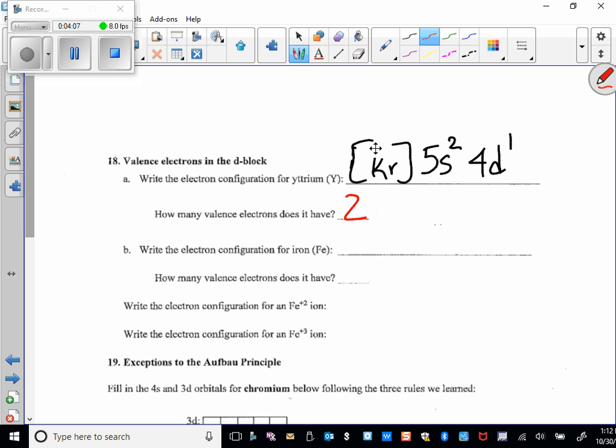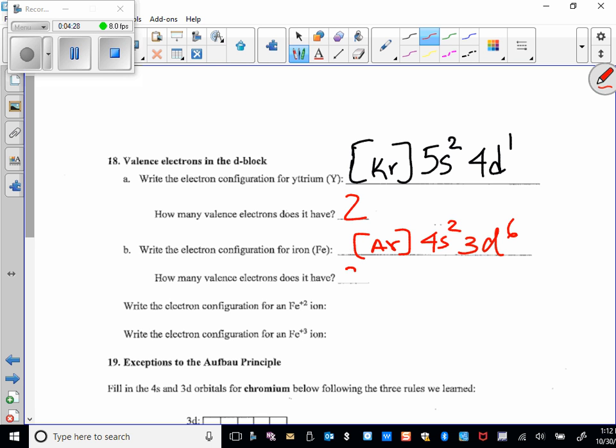Now let's look at iron. If I were to write iron's electron configuration, it would be argon followed by 4s2 3d6. Correct?